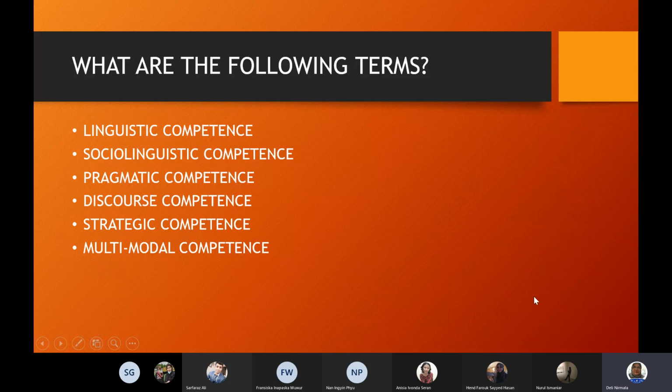Everybody has to define what we mean by linguistic competence: competence in what, ability in what. Try to make a list of competencies that the learners should have. And when you have finished linguistic competence, then do sociolinguistic, pragmatic, discourse, strategic, and also multimodal competence.